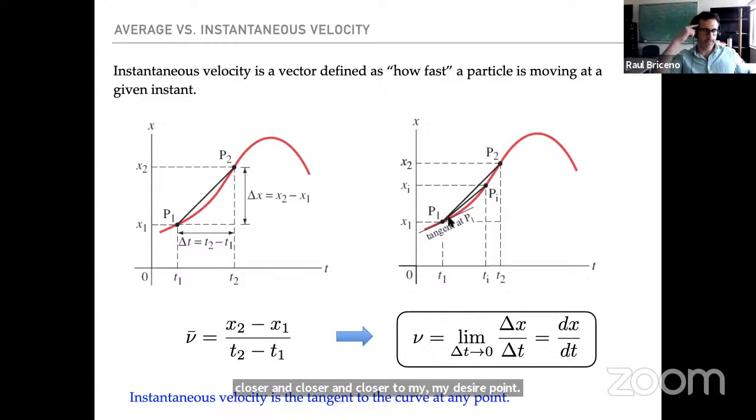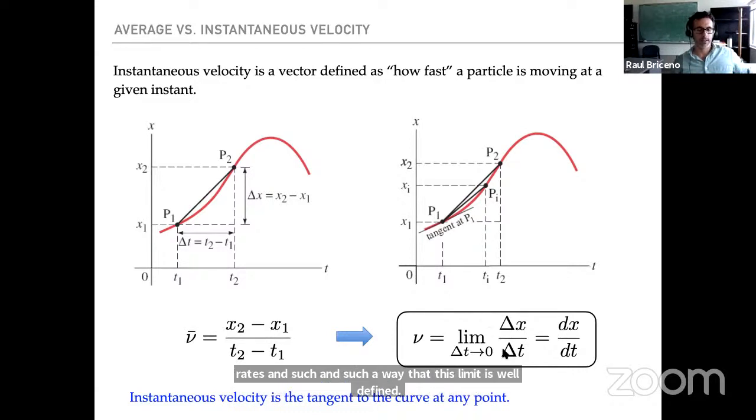So we can imagine that what I'm taking is a limit as this P2 starts to get increasingly close to P1, which amounts to taking the difference between the times, this delta t, to 0. Of course, the height is also decreasing, and the run is decreasing, and these two are decreasing at similar rates in such a way that this limit is well defined.